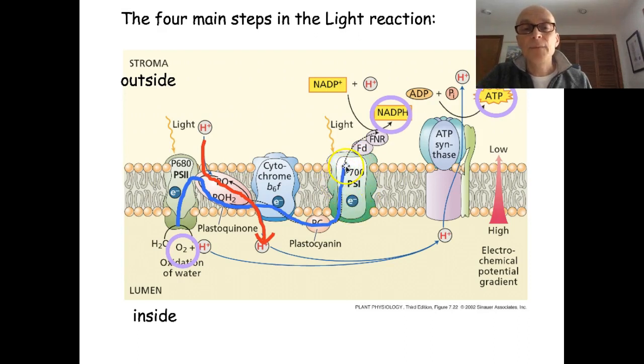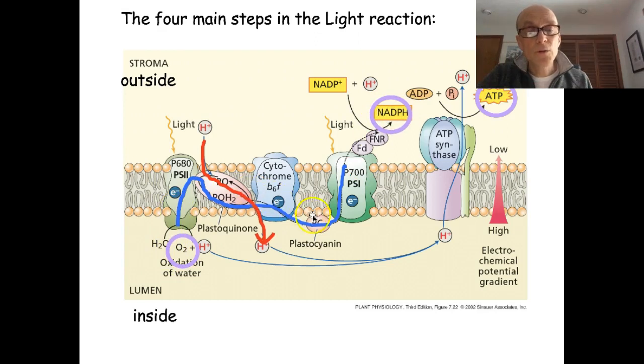And at that point, it goes to ferredoxin. So it reduces ferredoxin, and then ferredoxin can use hydrogen and NADP plus its energy, its electron, and reduce the NADP plus to NADPH. And so that is where the energy, where the electron in the end goes.